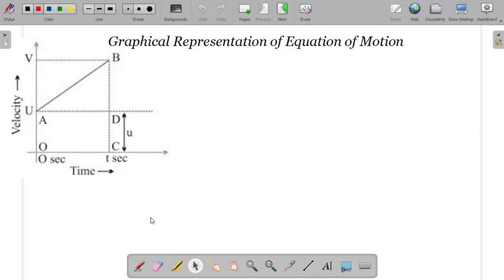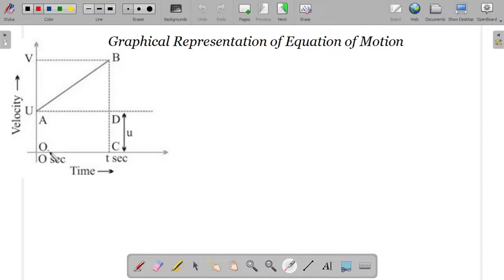As you can see, here we have a graphical representation where this is point O, this is point C. The x-axis is representing the time and the y-axis is representing velocity. And a straight line AB is shown in this graph.